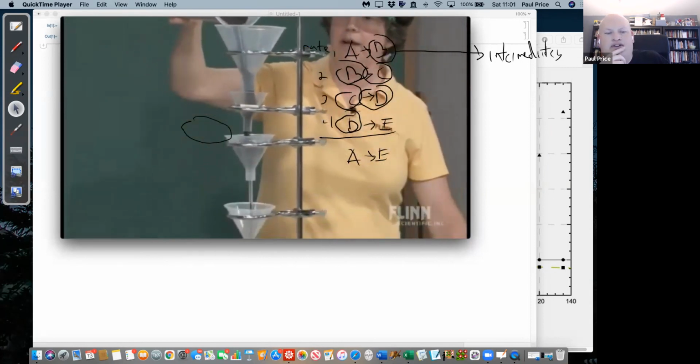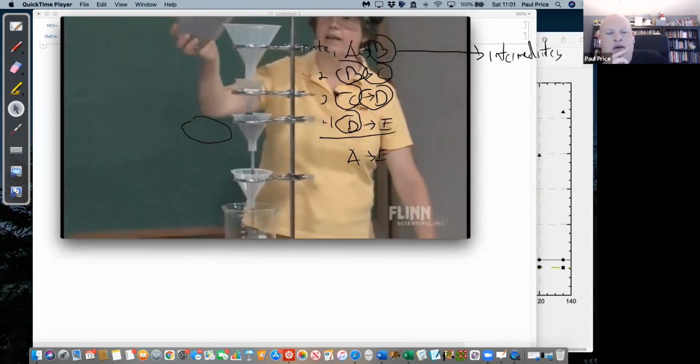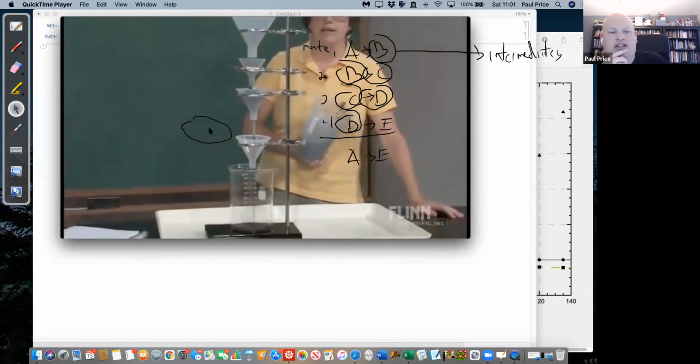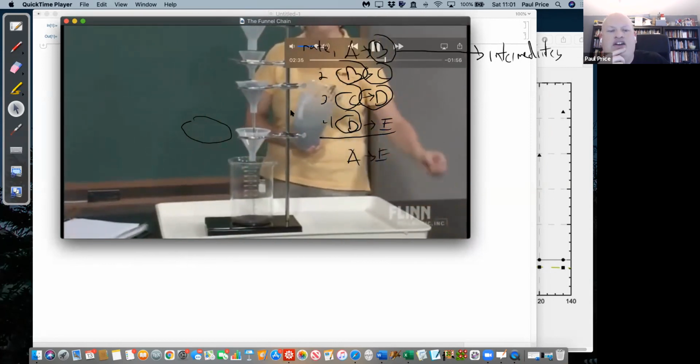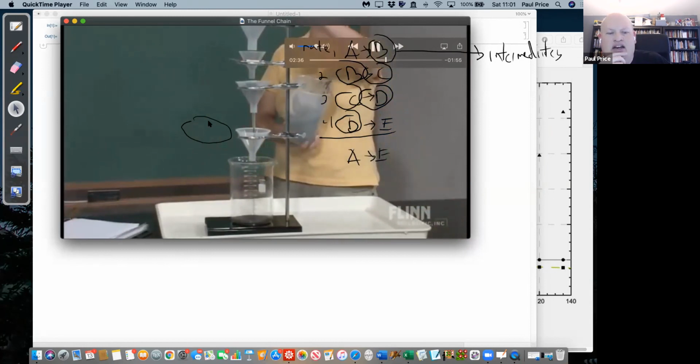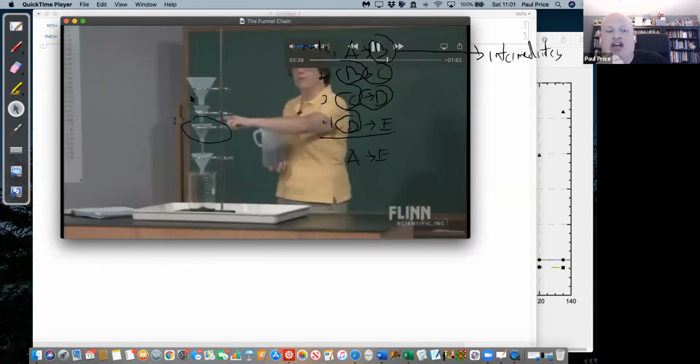It's completely filled right now. The other funnels above it are empty, but the 3rd funnel is still almost completely full. And so this funnel is dictating the overall rate of the reaction. The total rate of the reaction can't be faster than the rate of the 3rd funnel.